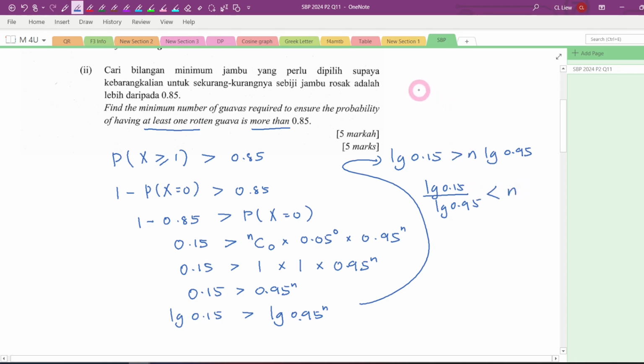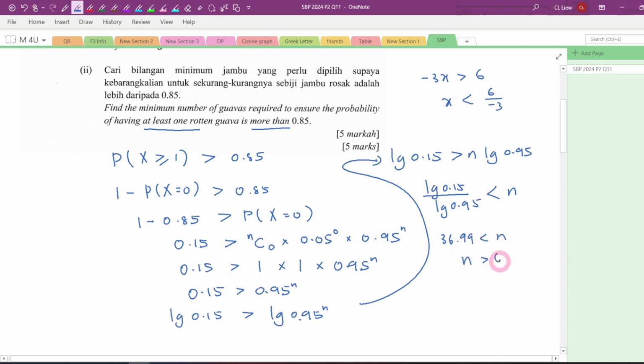It's the same thing, for example, if I tell you negative 3x is greater than 6, so x is less than 6 divided by negative 3. Okay, then for this part you just press your calculator, log 0.15 divided by log 0.95 is equal to 36.99.